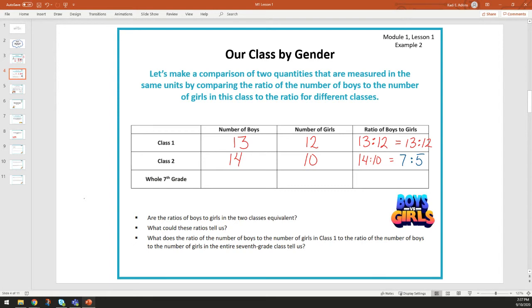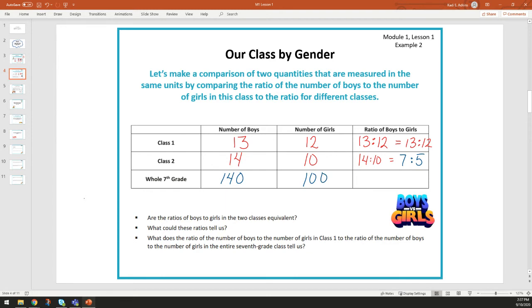Now I can definitely say that my class 1 and my class 2 are not equivalent ratios. They don't reduce down to be the same number or same fraction. So now we're going to look at our 7th grade. For the whole 7th grade, we're going to say that I have 140 boys and 100 girls.